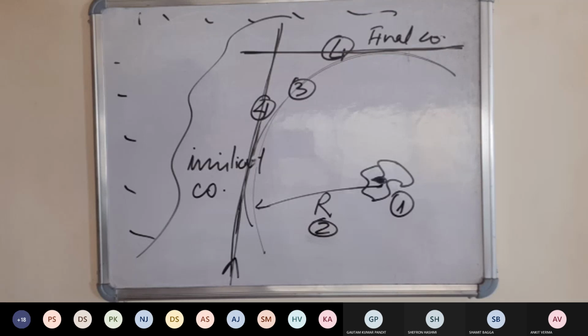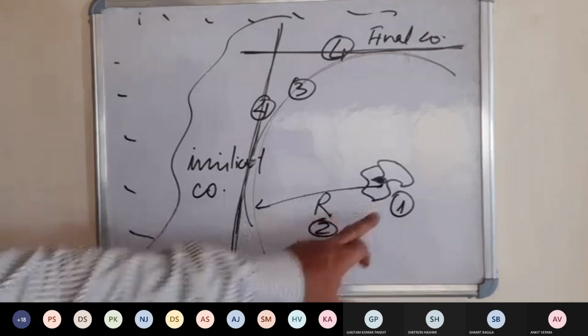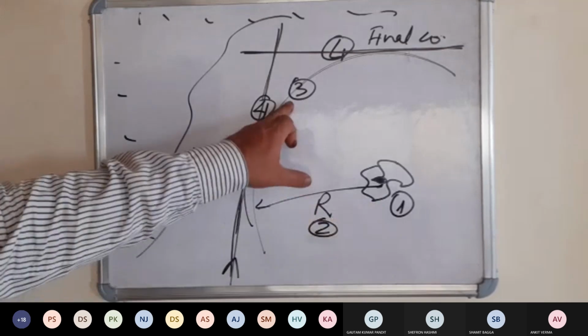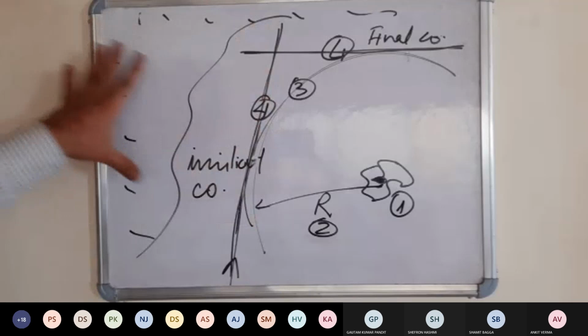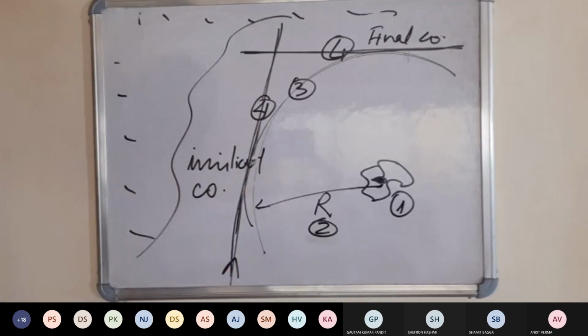It talks about identifying the object, deciding the radius, drawing an arc, then drawing the initial and final course passing tangential to the arc. Is it okay?